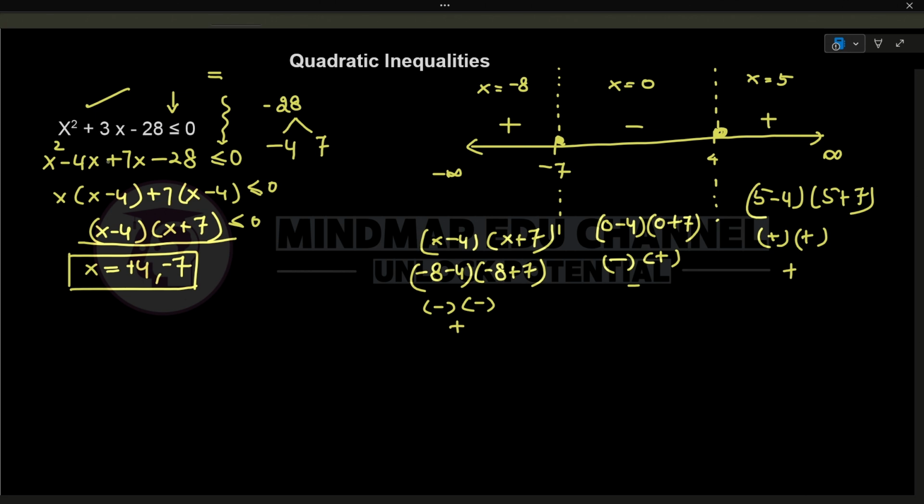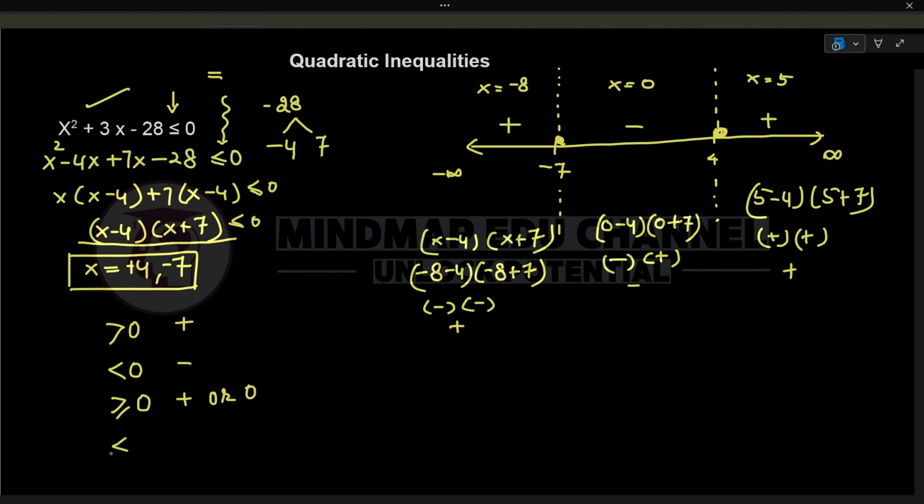Clear? So how? Remember, if your expression is greater than 0, that means the expression is positive. If it is less than 0, that means it is negative. If your expression is greater than or equal to 0, that means it is positive or 0.